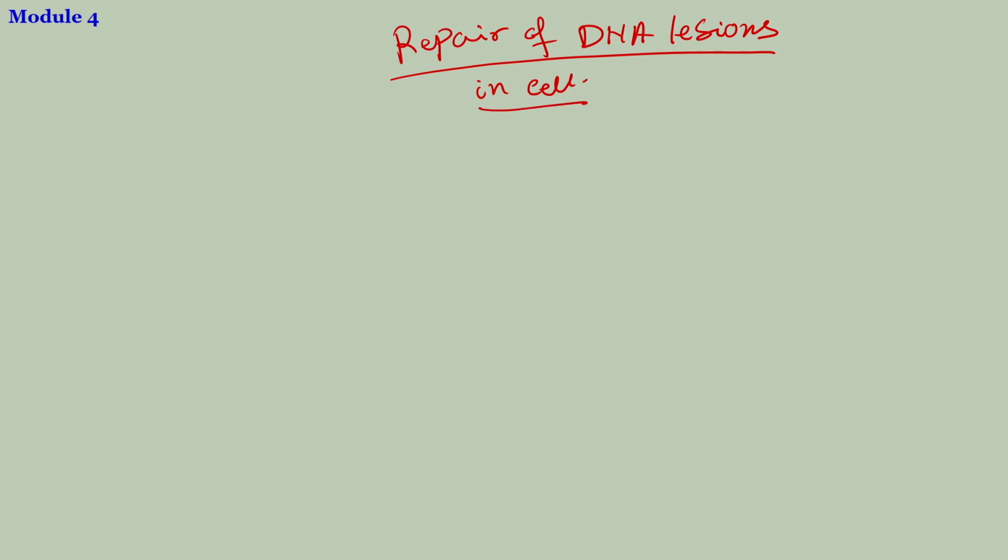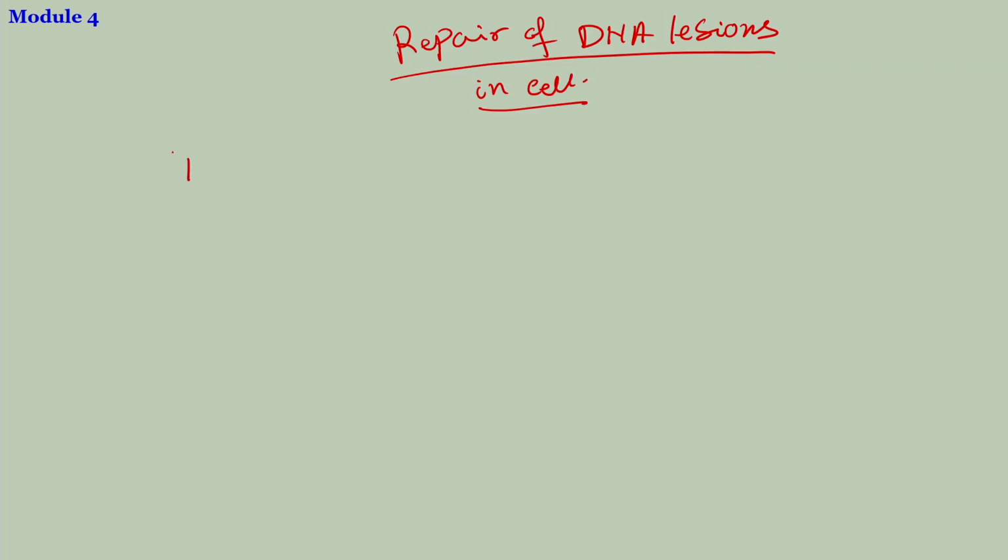As I am mentioning again and again, our cellular system is very well protected, and we have a really good mechanism that will find out immediately if a damage is formed. There is a system called the proofreading system, and the proofreading system will give the signal that there is some problem over here, and then the repair mechanism will go there and do the repair.